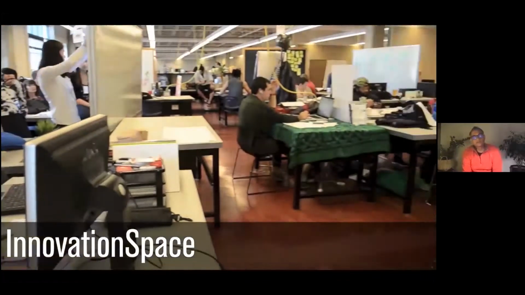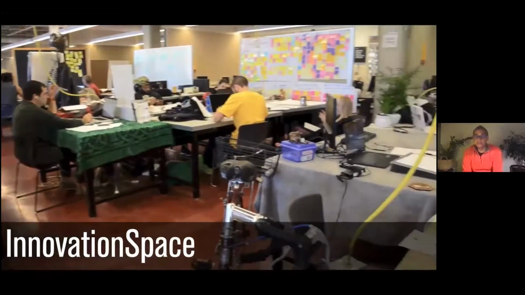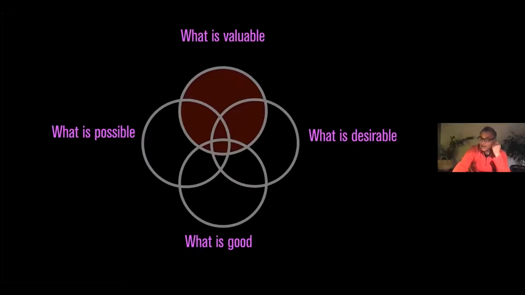What you see here in this quick pan across the studio is students working in teams. Our idea for Innovation Space was to put together a program that looks at innovation from the perspective of what we referred to at that time as integrated innovation, which essentially asked 4 key questions.